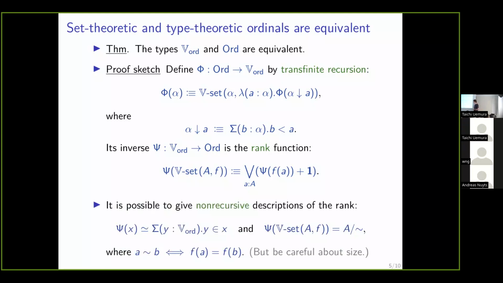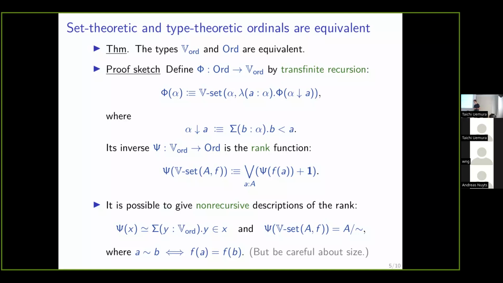But it's also possible to give maybe conceptually simpler descriptions of these functions. For example, one description is that Psi of something X in V is the type of elements of X, right? So it's kind of simple. It's just that this is up to Psi, so be a bit careful. Another description is where you take Psi of a V set (A, F), and actually because we restrict to set theoretic ordinals, which are, remember, hereditarily transitive, all of the information of such a thing is already at the top level.